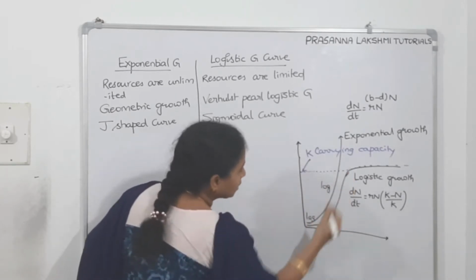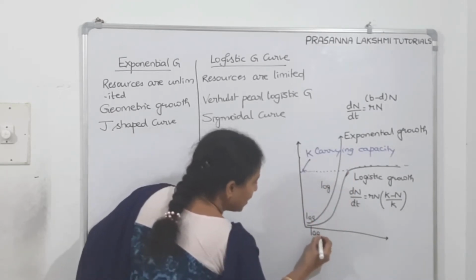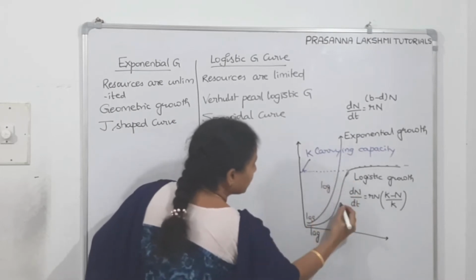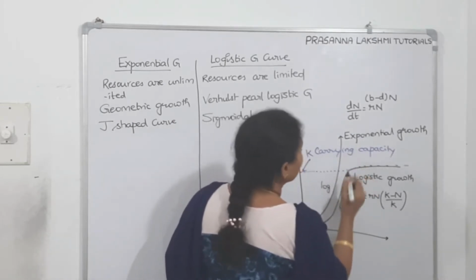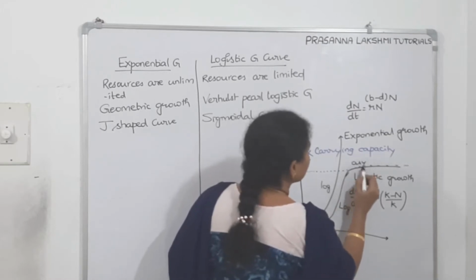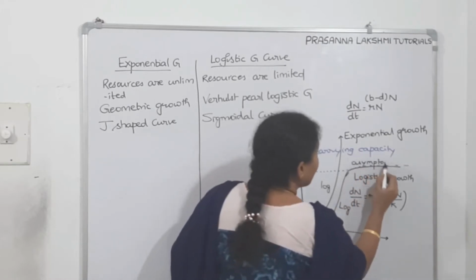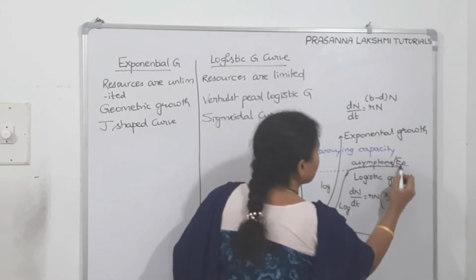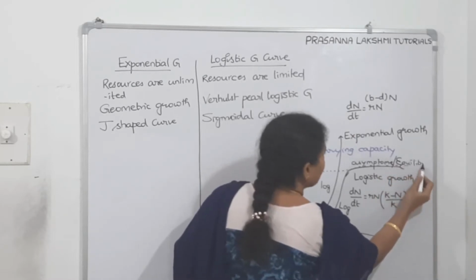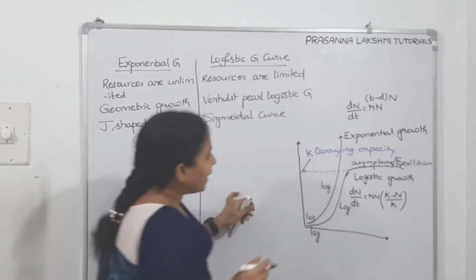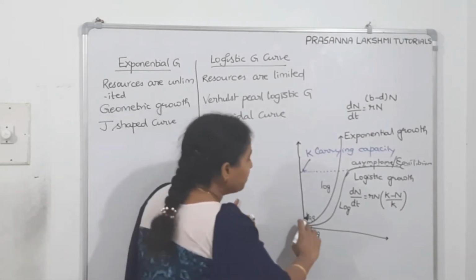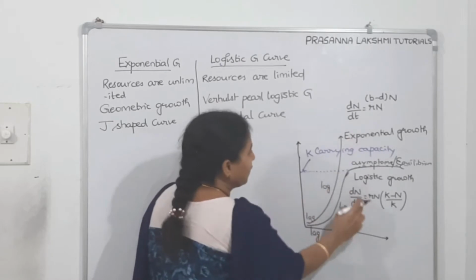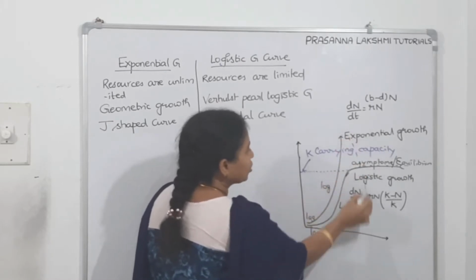So in logistic, this initial phase is called lag phase, and this one is log phase. And this is called asymptote phase or equilibrium phase. So in the J shape, after one point of time, there is a crash. The J phase crashes down.